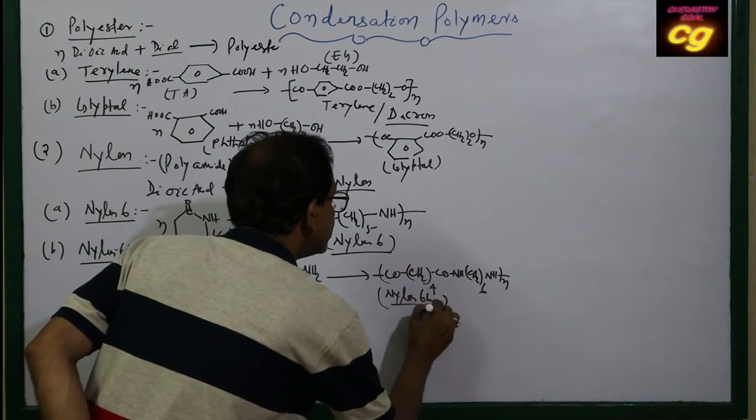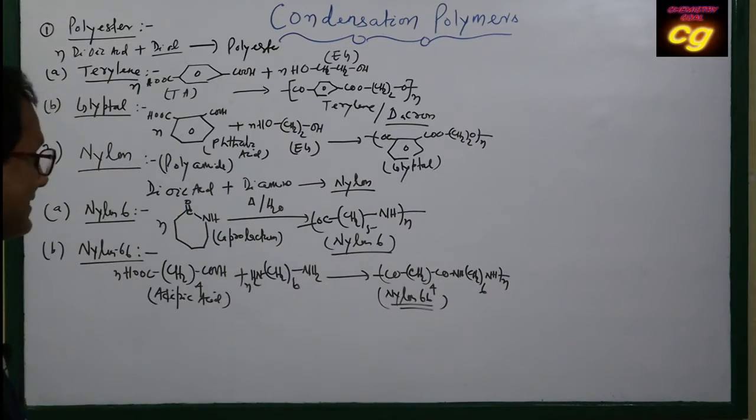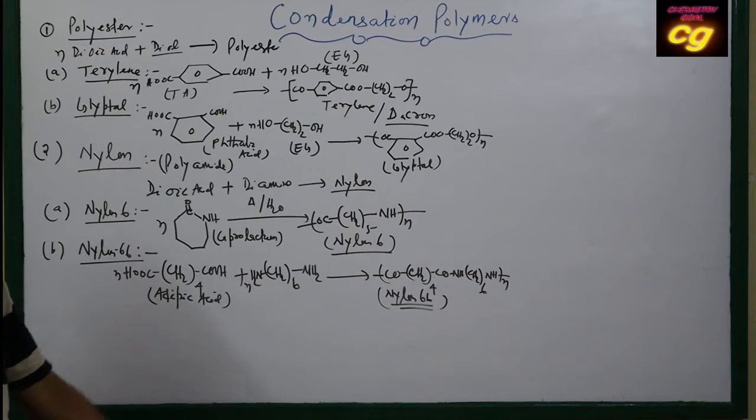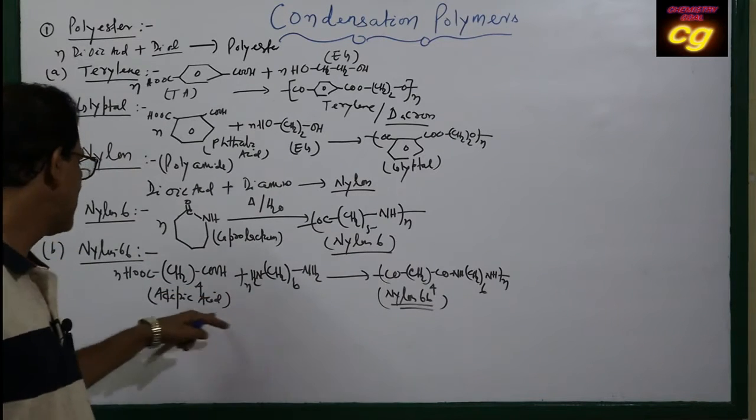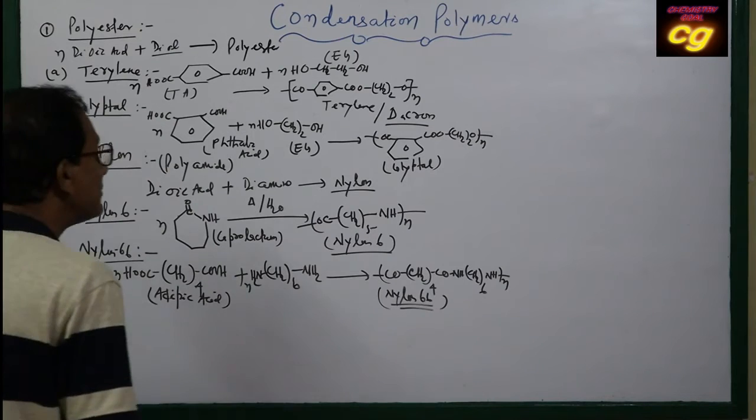This is called nylon 66. Nylon 66 is the polymer of adipic acid and hexamethylene diamine.